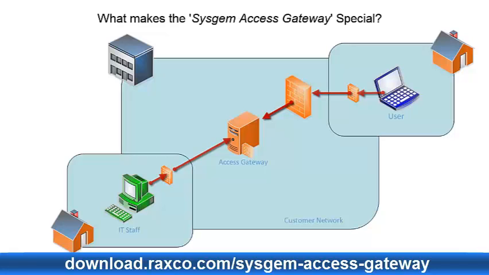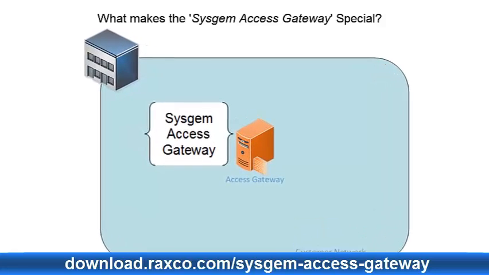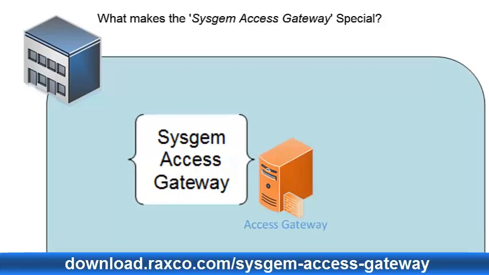But what makes the Sysgem solution special is that there is the option to install the gateway software to run on customers' own servers, which are then operated and controlled by the customers themselves. Of course, if a customer prefers the service to be managed and controlled by third-party operators, then Sysgem also has this offering.